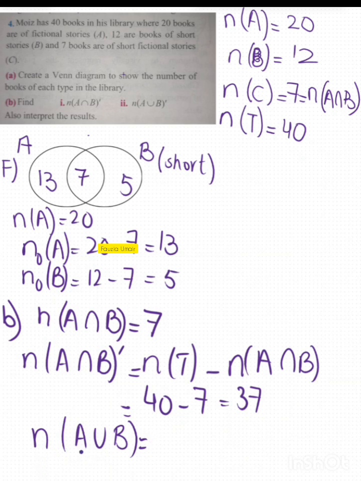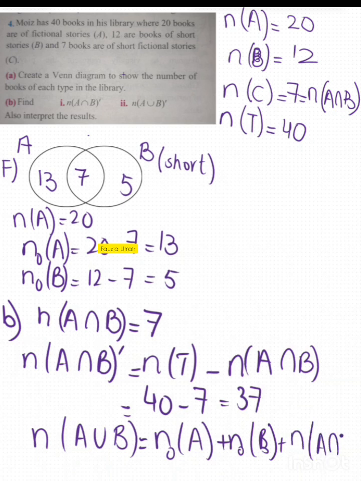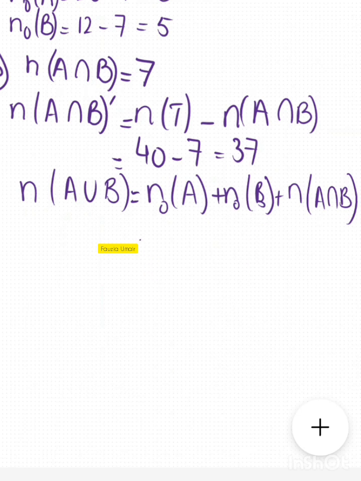Number of elements in A union B is basically number of elements which only belong to set A plus number of elements which only belong to set B plus number of elements which belong to A intersection B. If you look at the Venn diagram, these are the elements which only belong to set A, these are elements which only belong to set B, and these are the number of books which belong to A intersection B. So the total is 13 plus 5 plus 7. So this is 25.